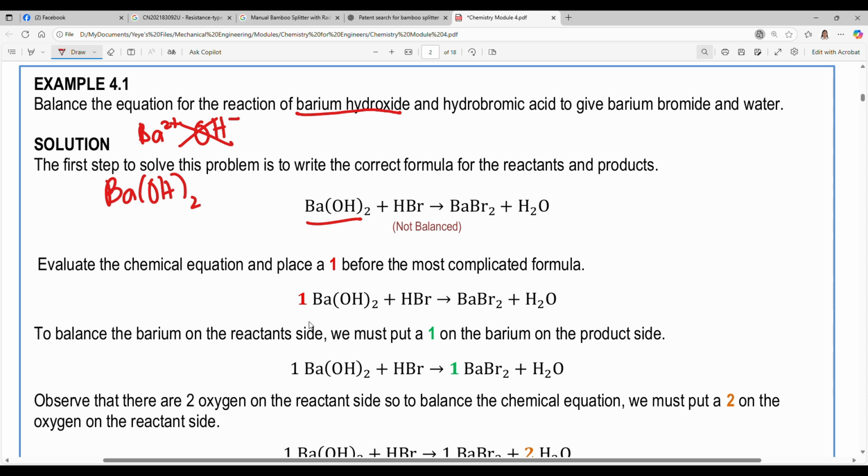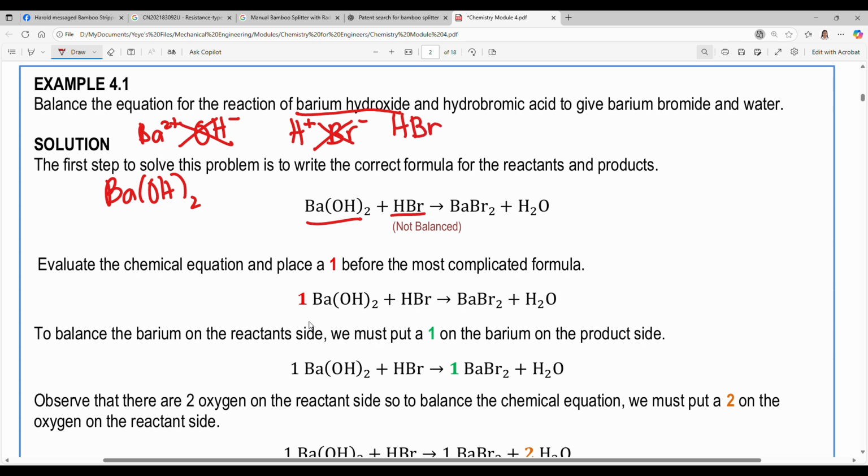Then hydrobromic acid comes from the combination of hydrogen and bromide ion, which is negative 1, so you have HBr.